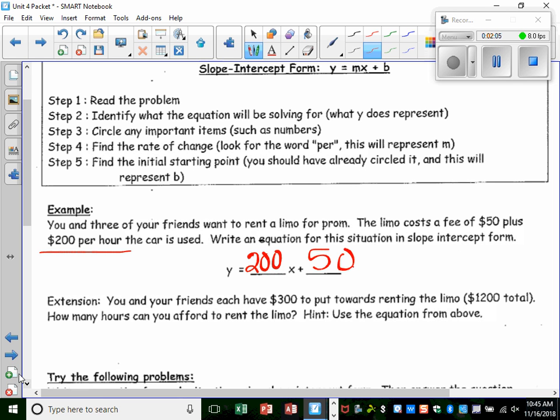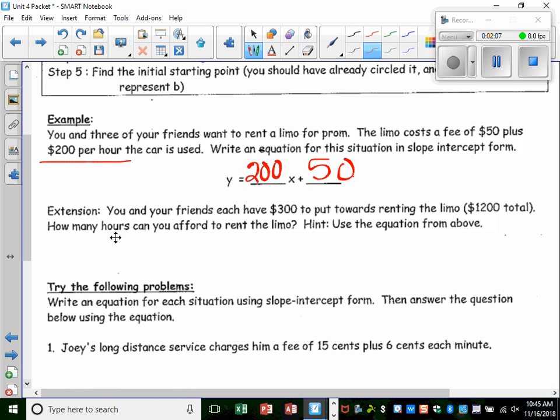Now, taking it one step further, let's answer the question. You and your friends each have $300 to put towards renting the limo, which obviously is 300 times 4, because you and your 3 friends would be $1,200. How many hours can you afford to rent the limo? Our total, they tell us, is 1,200, so that's going to be your y.